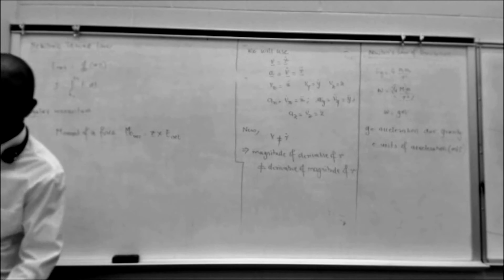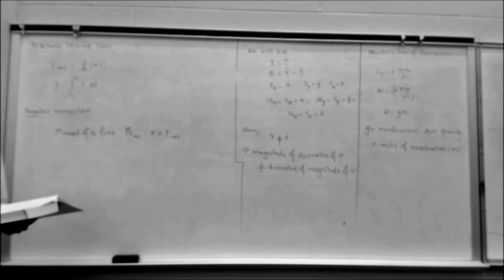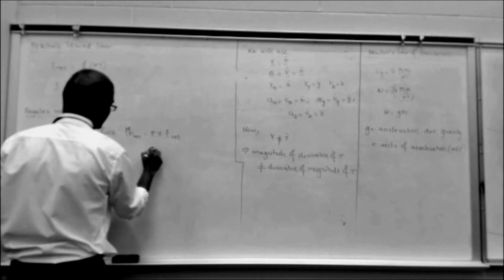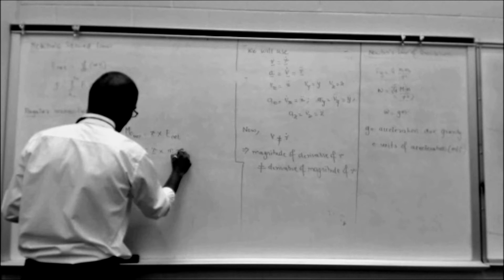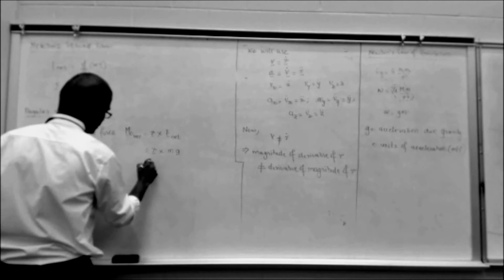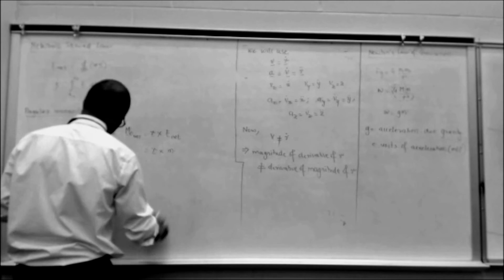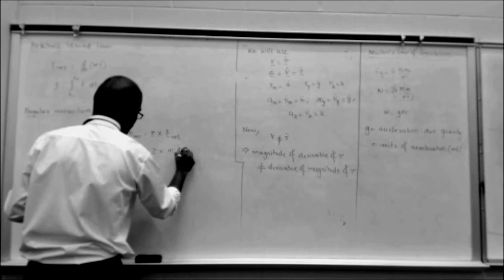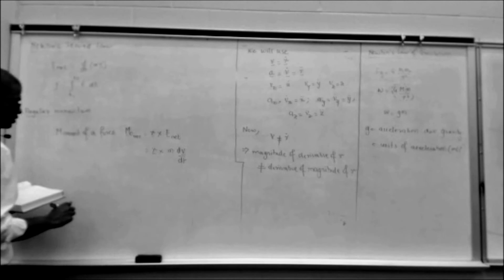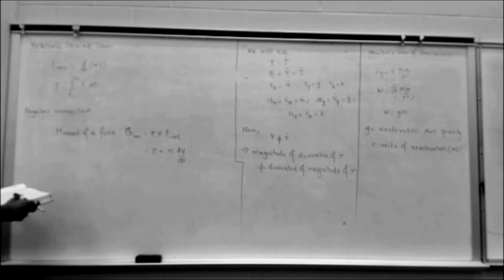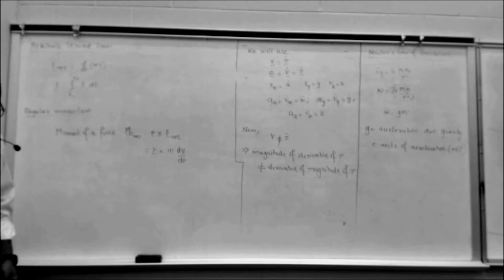So if you're applying, it's R cross F. It is not F cross R. So you have R crossed with M A, okay, which is R. And actually we'll end up doing this again.